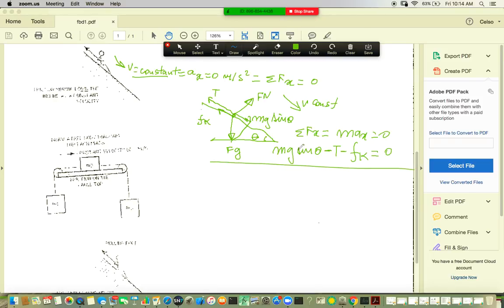So that's what we got in x. And what we got in y direction is that your normal force is equal to mg cosine of that angle theta.